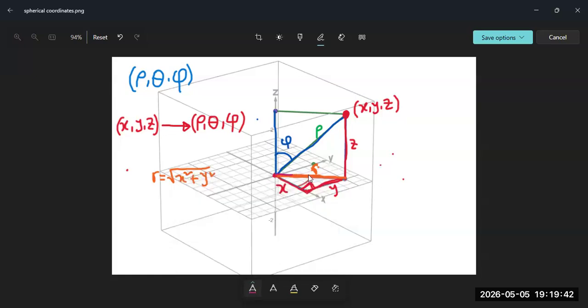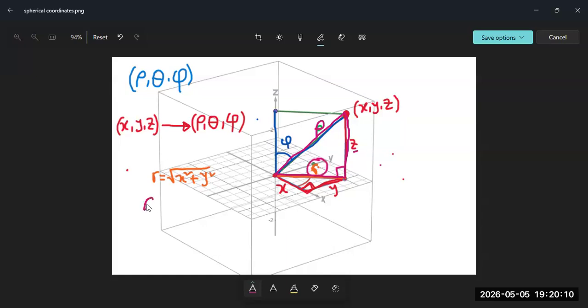But again, this is another right angle triangle, and we need to calculate the hypotenuse of the triangle, which is called rho. For this right angle triangle, our perpendicular quantity is Z, and the base is the quantity R, and we want to calculate the hypotenuse.